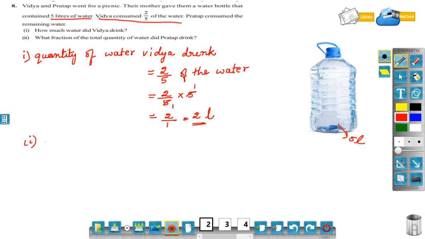What fraction of the total quantity of water did Pratap drink?